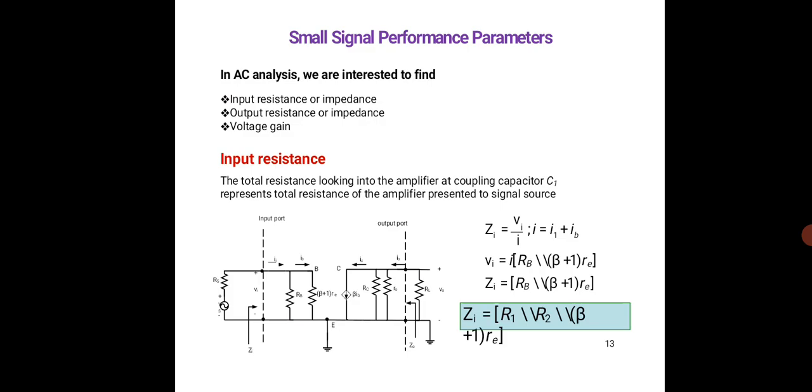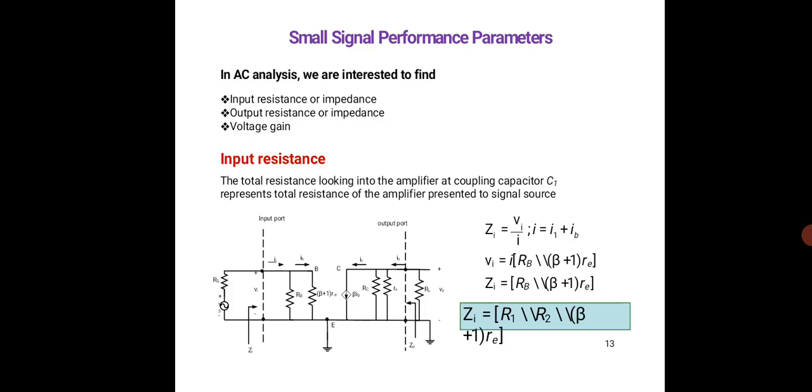Small signal performance parameters. In AC analysis, we are normally interested in finding the input resistance or impedance, the output resistance or impedance, or the voltage gain. The input resistance is the total resistance looking into the amplifier at coupling capacitor C1.